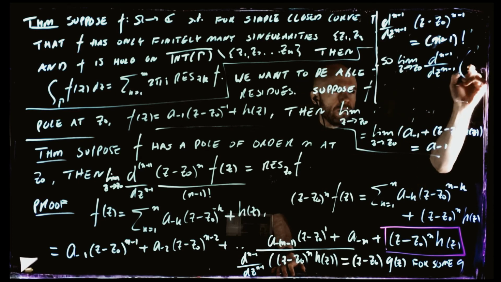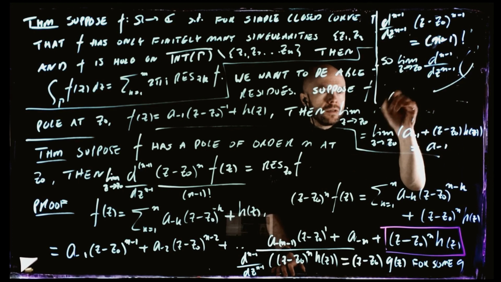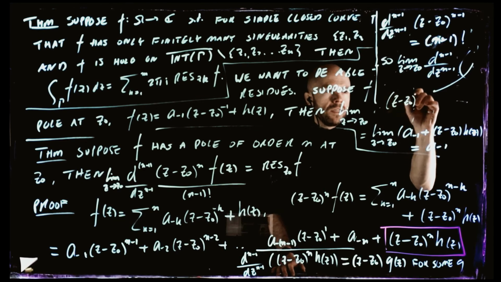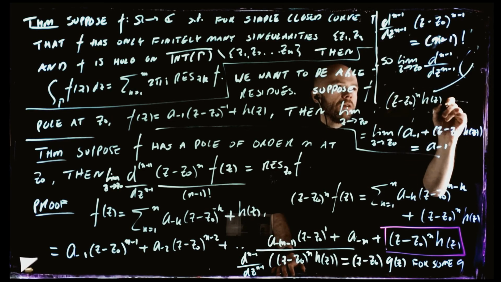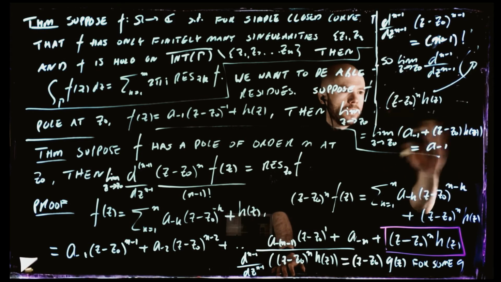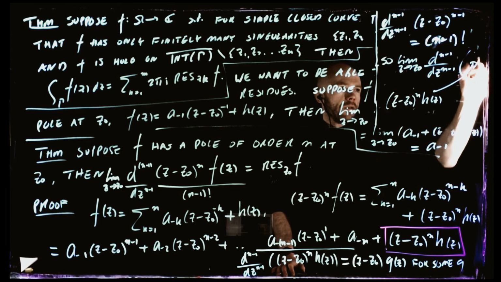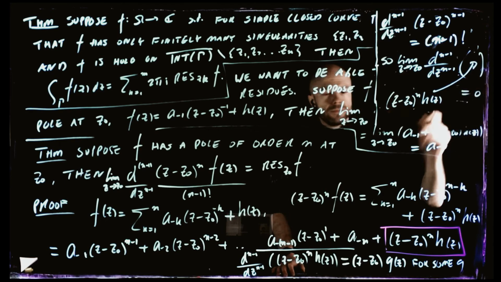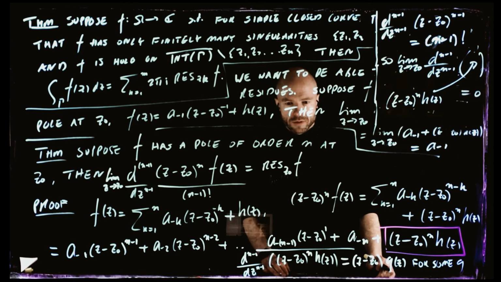It's really badly written. Of z minus z0 to the n times h of z. Sorry for this terrible board management. Is equal to 0. Yeah, that's what we have.